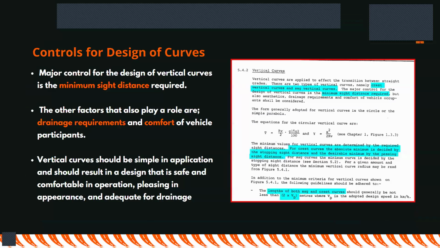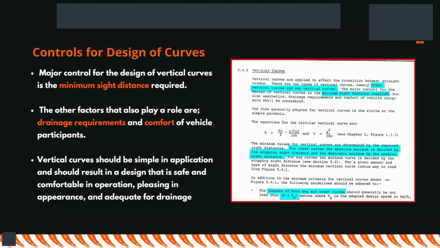The major control for the design of a vertical curve is the minimum sight distance required. The major sight distance that we consider is the stopping sight distance.